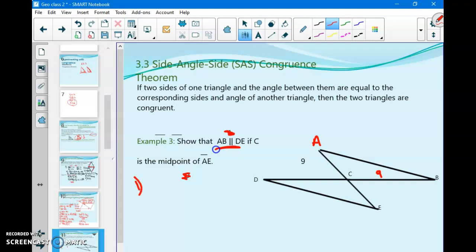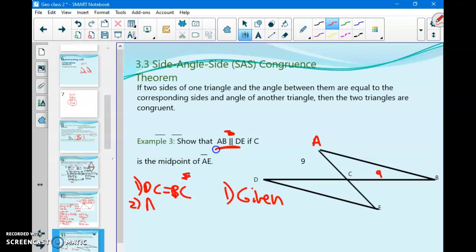I'm going to use a two-column proof again. We know that DC is equal to BC because they're both equal to 9. So I'm kind of skipping a step there. Did you see that? Once I get good at this, I can kind of use a little bit of a shortcut there.